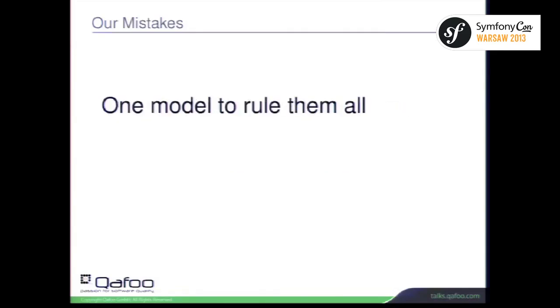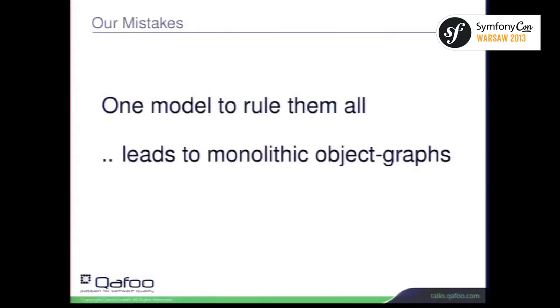Also, what we are trying to do in most cases is find this big, nice, shiny model of the world we're trying to model or the problem that we're trying to solve, and we try to make it very perfect and big and nice, and everything works together very nicely. And by doing that, normally we have this big monolithic graph of objects that are Doctrine entities, for example.